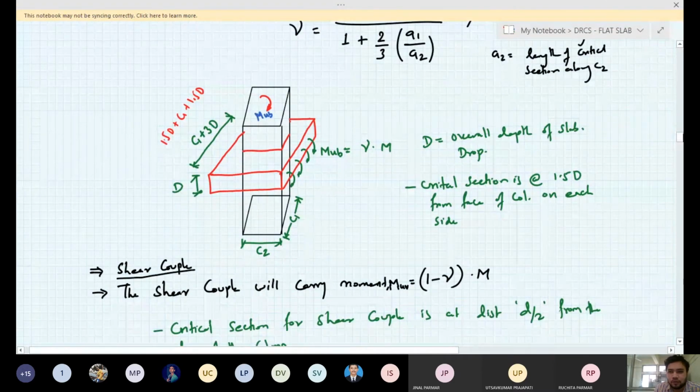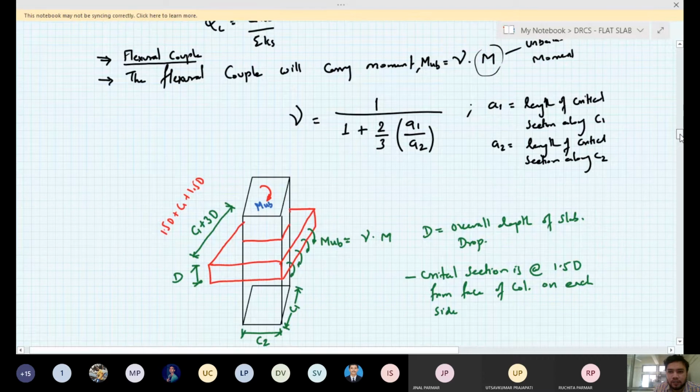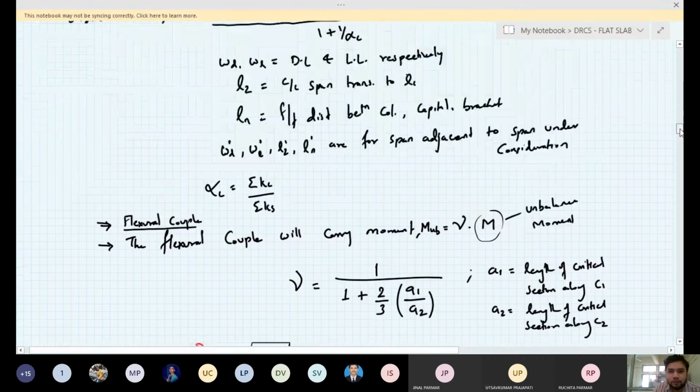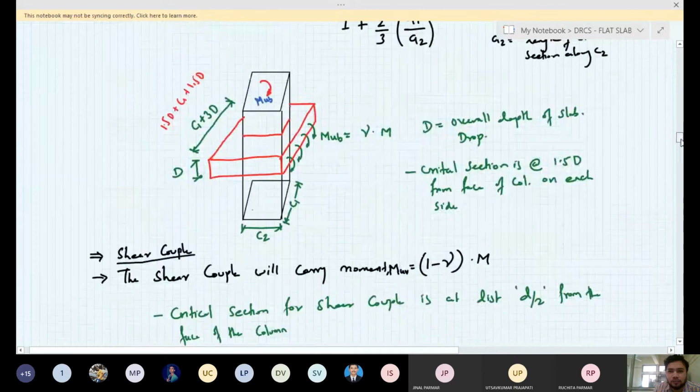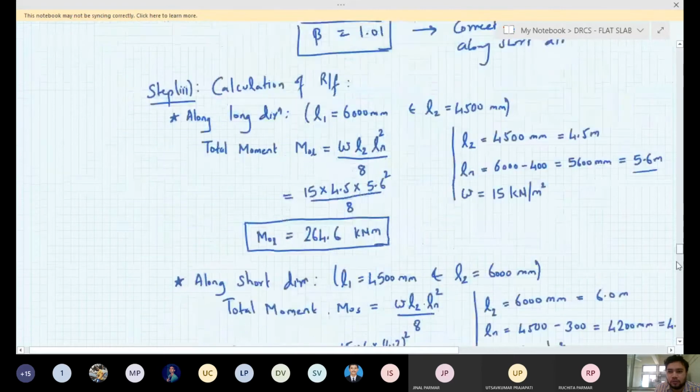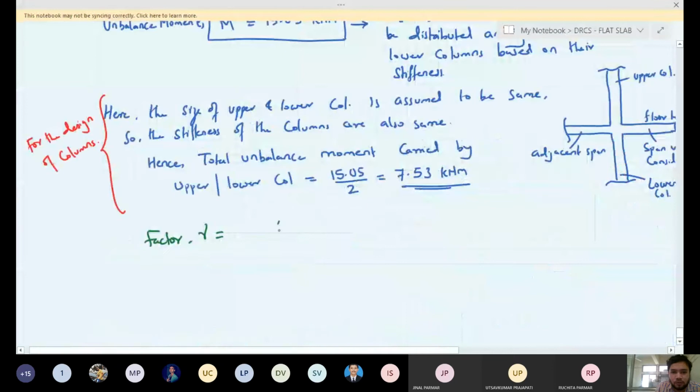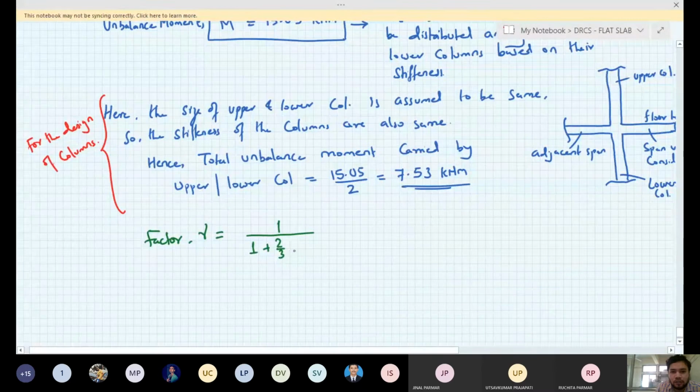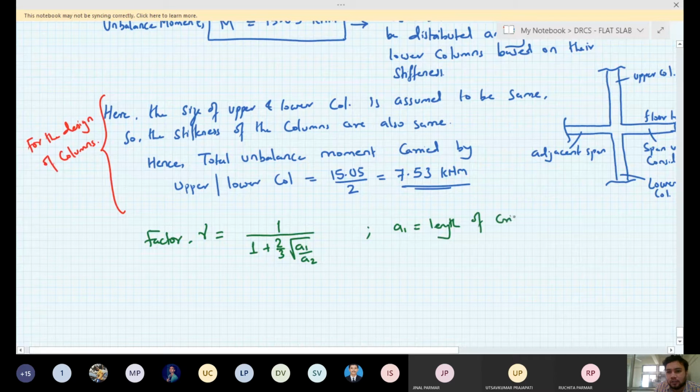of the critical section along C1 and A2 is the length of the critical section along C2. Okay, and the critical section is assumed at 0.5 d from the face of the column. So this factor is equal to 1 divided by 1 plus 2 by 3 of A1 by A2, where A1 is equal to the length of critical section along C1, means C1 dimension.